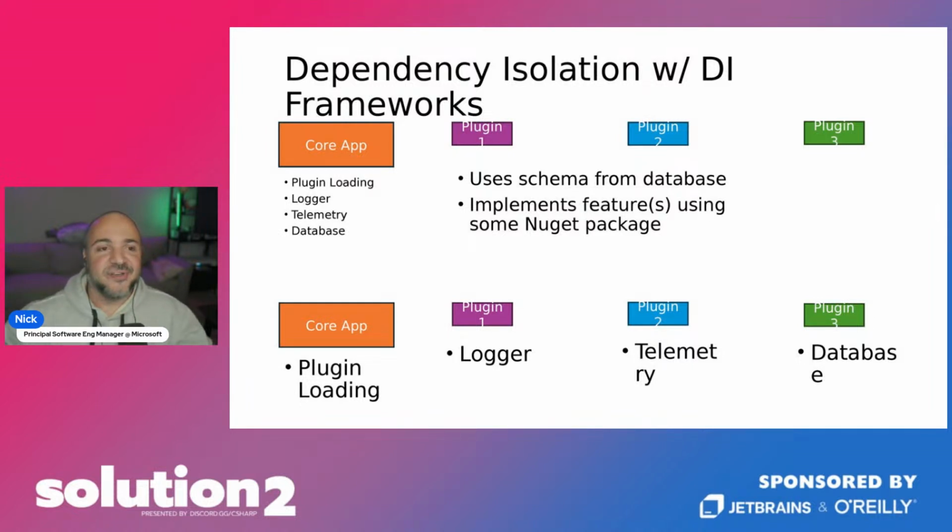Probably not if your software is licensed. So you might not want this bottom path. You might want to say, look, the core app will provide those core dependencies to the plugins. So hopefully that makes sense. But these are considerations you need to have in terms of who influences what.